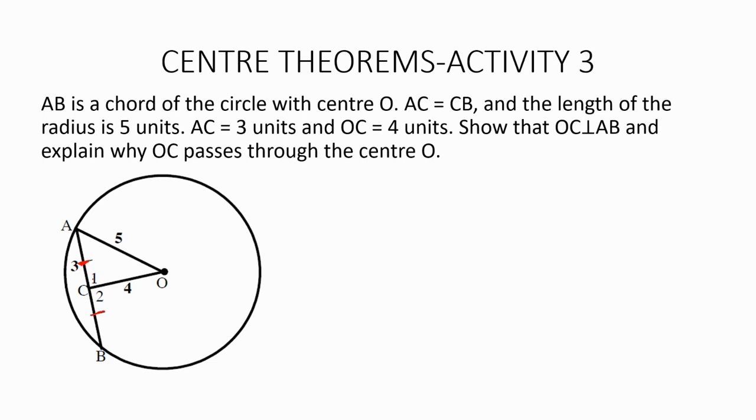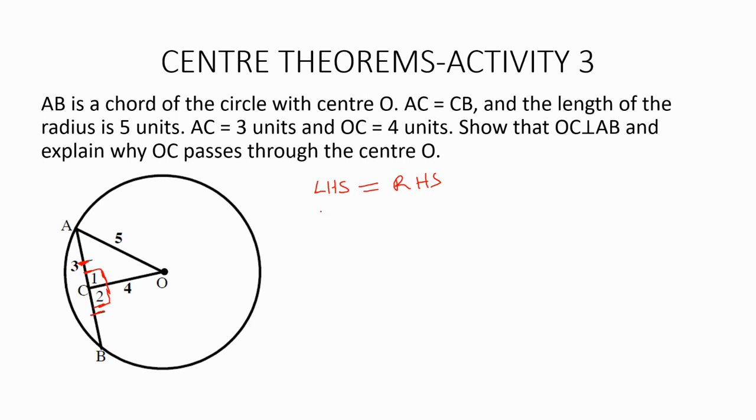So now, how can we prove that angle C1 is 90 degrees? We can use the Pythagoras theorem. If the left-hand side is equal to the right-hand side, then that triangle is a right-angled triangle.